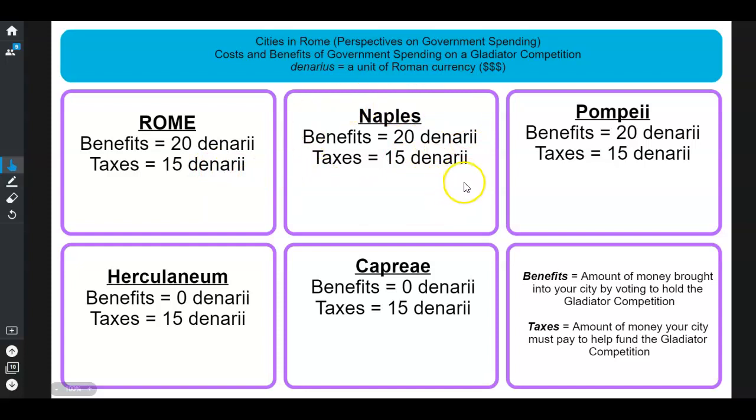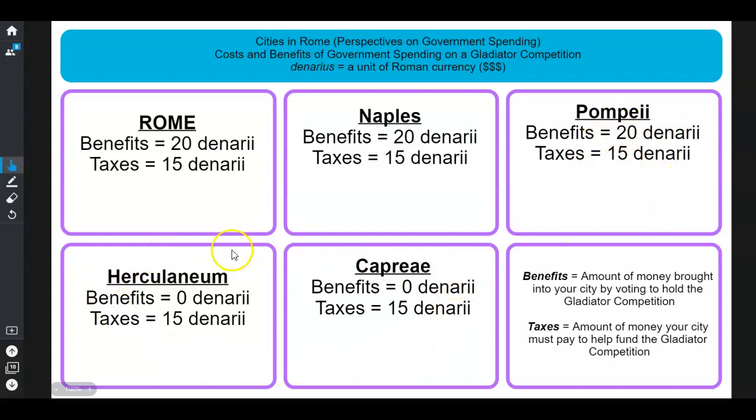Same with Naples, which is located relatively geographically close to Rome. Your city is going to benefit bringing in 20 denarii or $20 while only having to pay out 15. Same with Pompeii, again, geographically close enough that you're going to make a profit bringing in 20 denarii or $20 while paying 15.